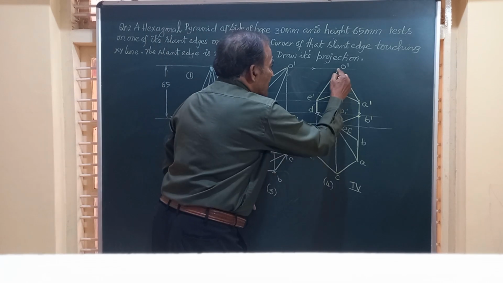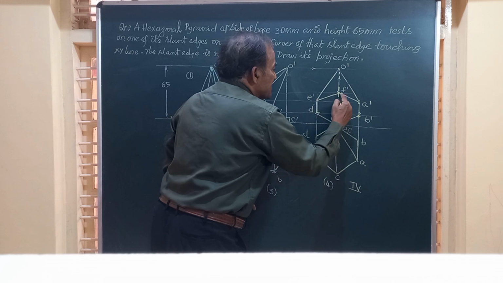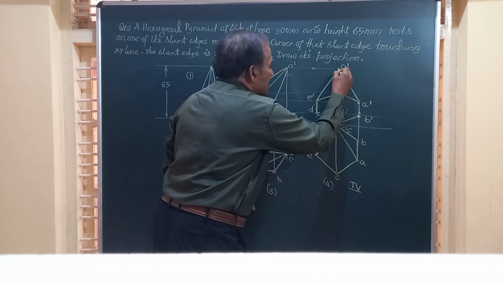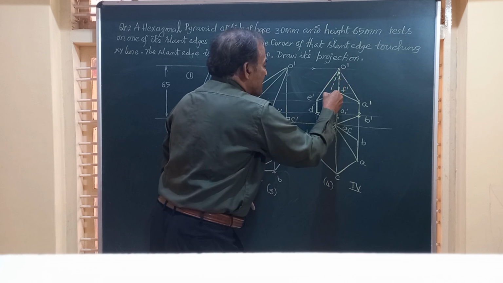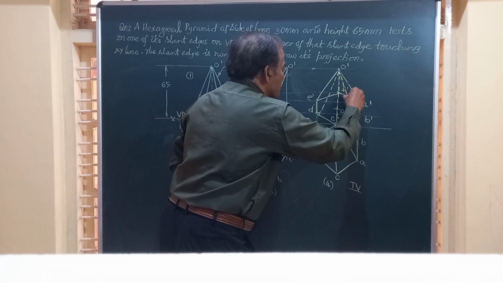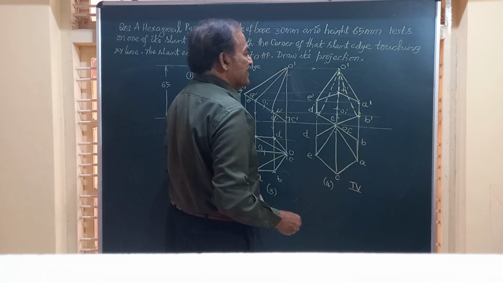Here, when I am joining O to D, it is intersecting here. We know very well this is a visible line, and hence this has to be a dotted line. Likewise, friends, O to B should also be a dotted line.